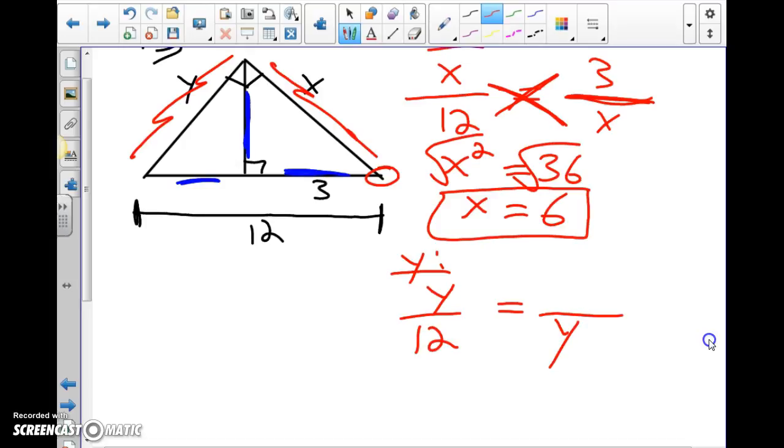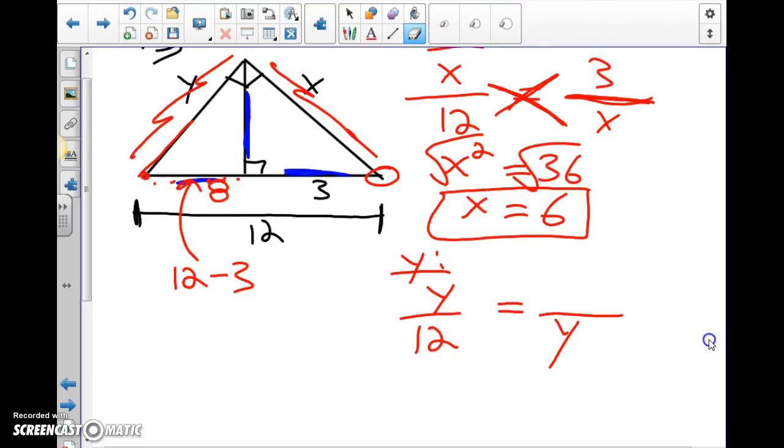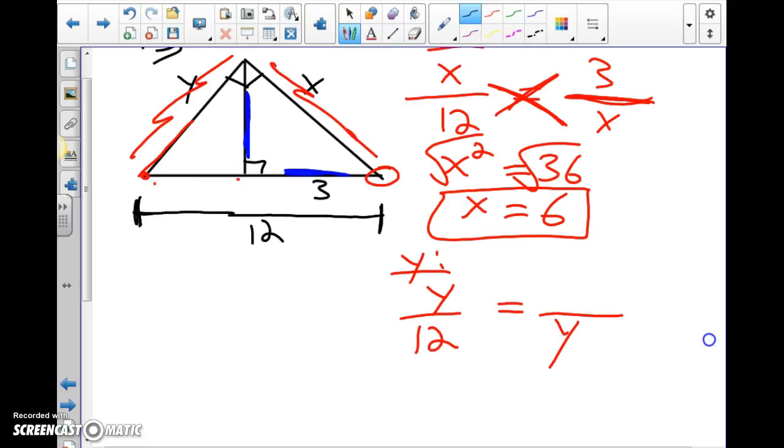Now this time, this side comes down and meets this side, but I don't see a number there. Well, I need to think about it for just a second. If this entire piece is 12 and this piece is 3, I think if I did 12 minus 3, I could get what this piece is. 12 minus 3 is going to give me 9.